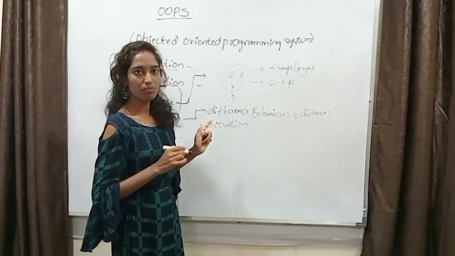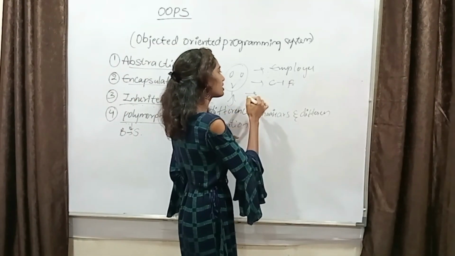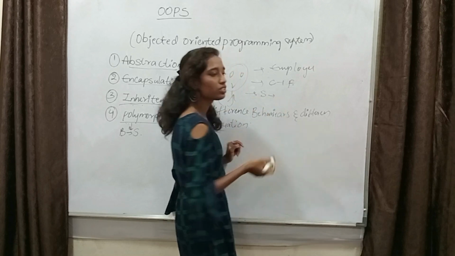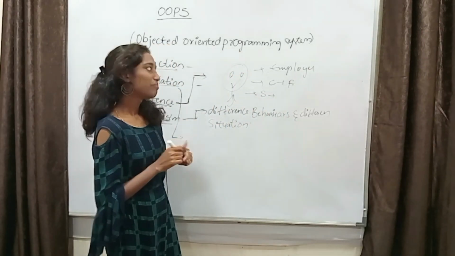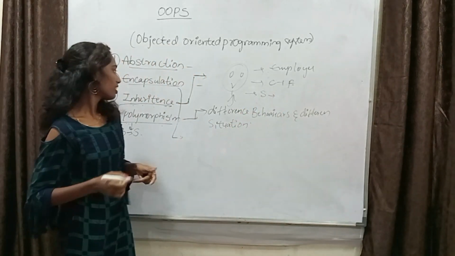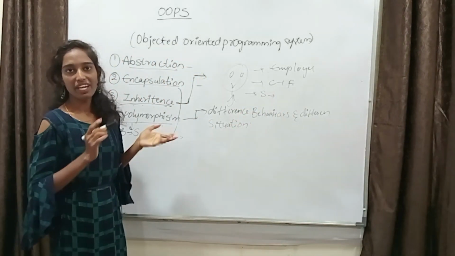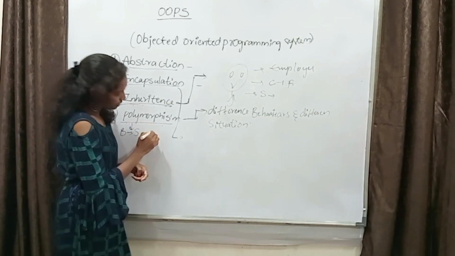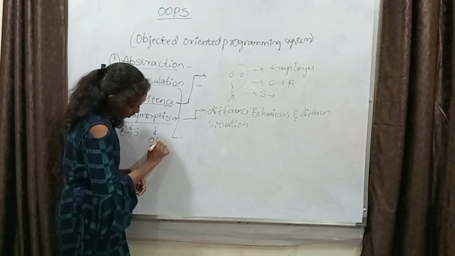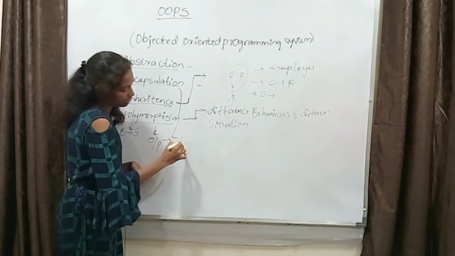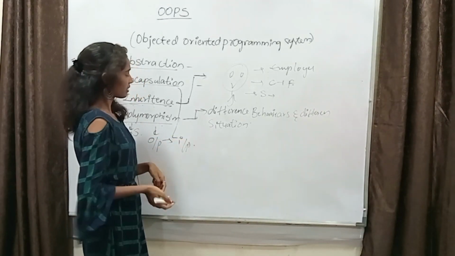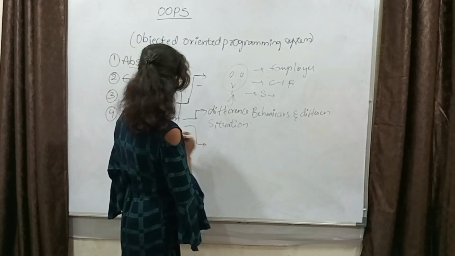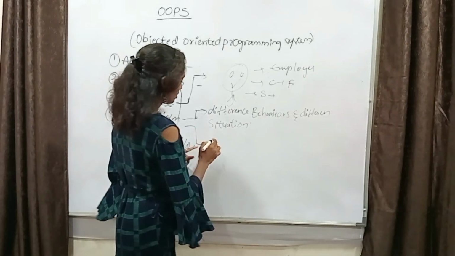And suppose he has siblings, he will act as a brother. Similarly, Java will exhibit different outputs depending upon the different inputs. This is called polymorphism.